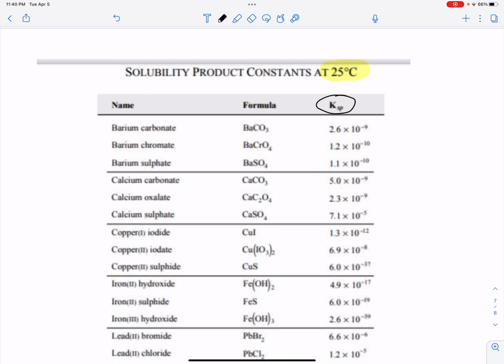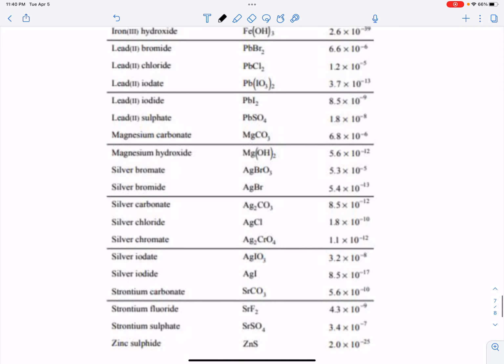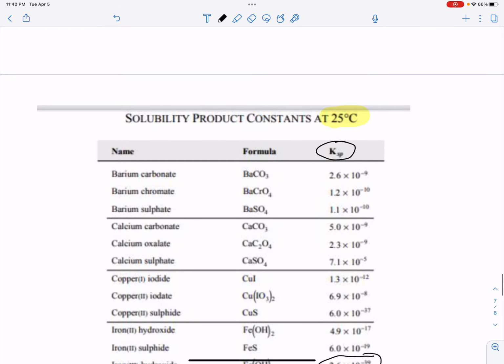If we have a high KSP value, it usually shows that more can dissolve in that water, whereas if we have a very, very low value, it's really not very soluble. Looking at one of my least soluble things, iron 3 hydroxide has a KSP of times 10 to the negative 39, so it's really not very soluble because not much will dissolve. That exponent can tell you a little bit about how much will dissolve in water.